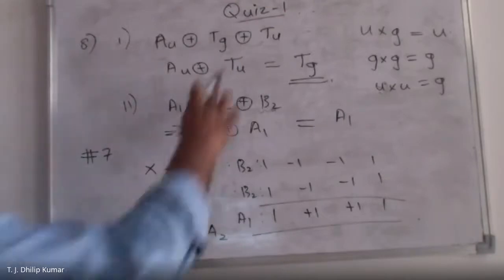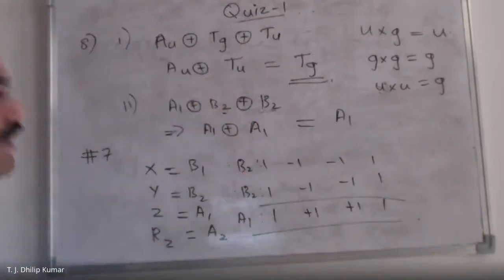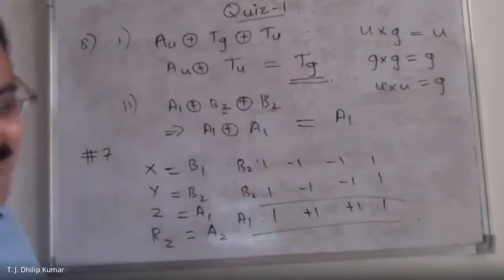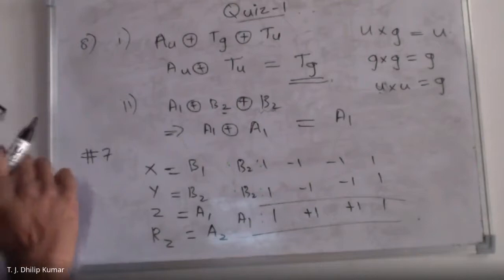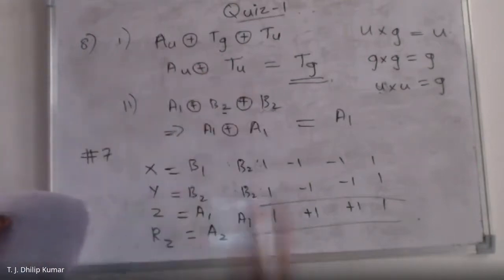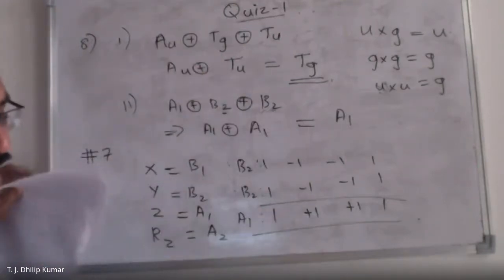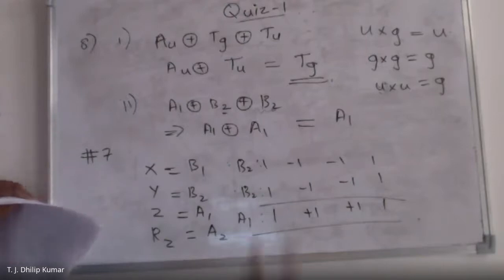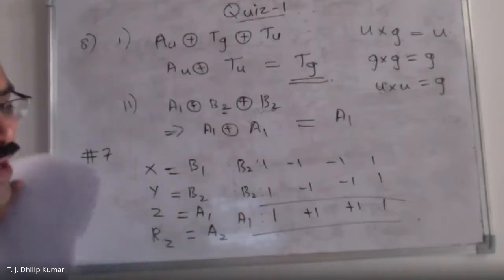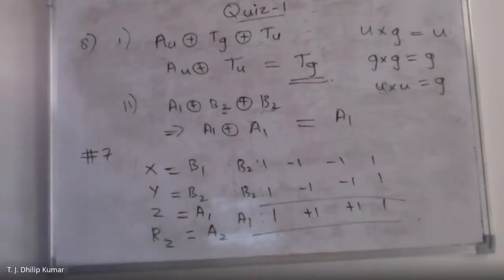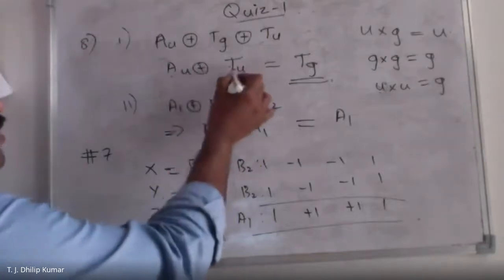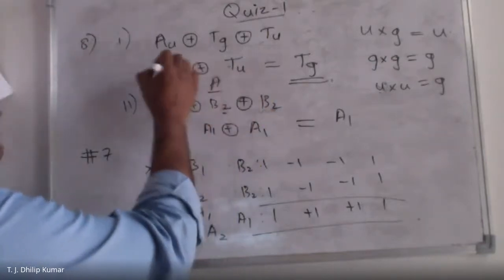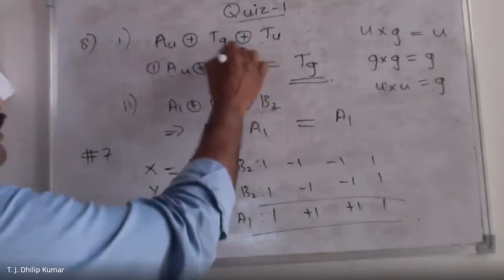Whether it is T into A is A, or some people have written T into T is T squared. So all sorts of combinations. The best thing is it's an open book exam. You have the character table of any point group which has G or T. And see, A into T cannot be A, because this is 1 dimension and this is 3 dimension.